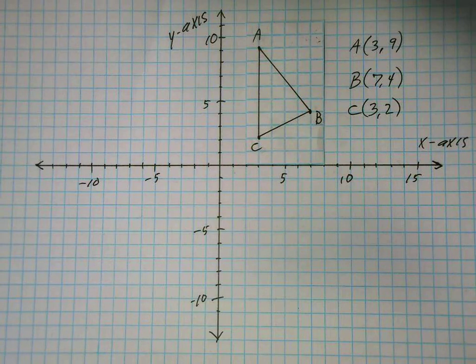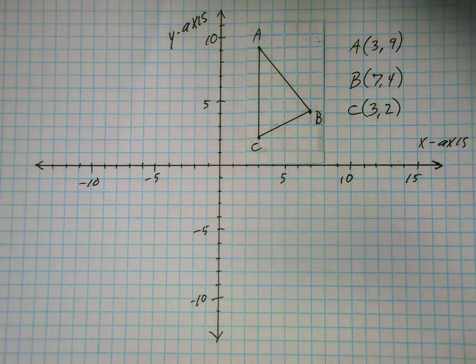Now, if I reflect this over the y-axis, and this is a distance problem about keeping away from the line of reflection, how far does the image need to be on the other side of the line of reflection? The same exact distance as the pre-image.